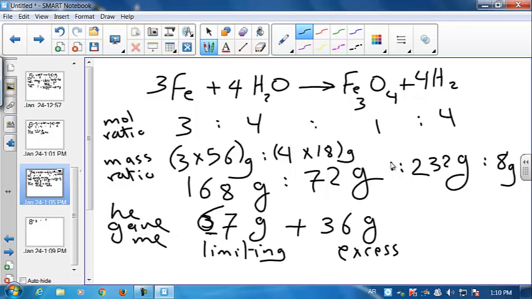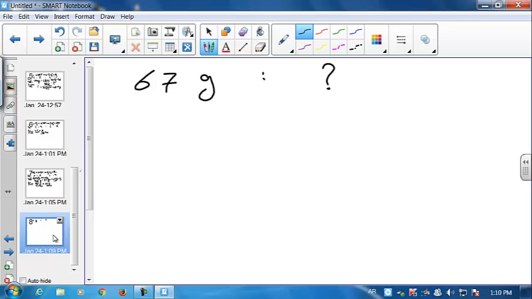So if I have 168 grams of iron, this will produce 232 grams of iron oxide, but I actually have only 67. So how much mass of iron oxide? This will be cross multiplication. Back here, 168 gives 232, from the previous one.